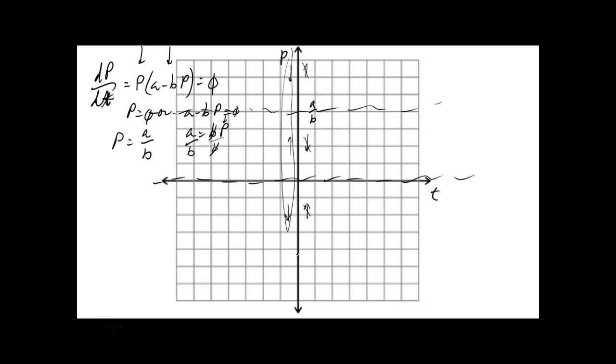The region we have here: the region P greater than A over B, P between 0 and A over B, and P less than 0. Those are the regions here. The one they show here, regions 1, 2, and 3, where your C1 and C2 are your two critical values for your y variable. Those are where the derivatives are 0.